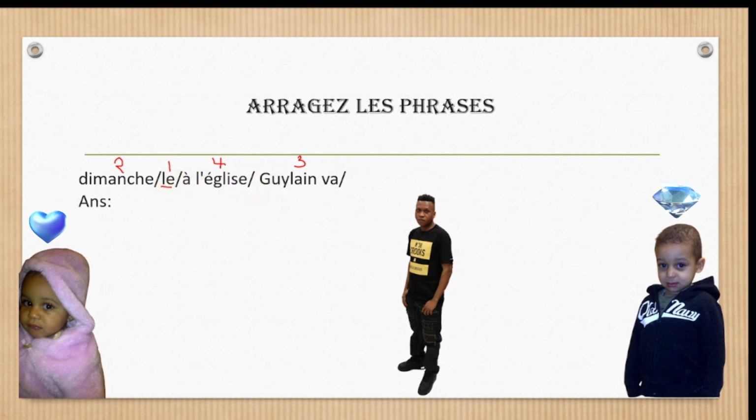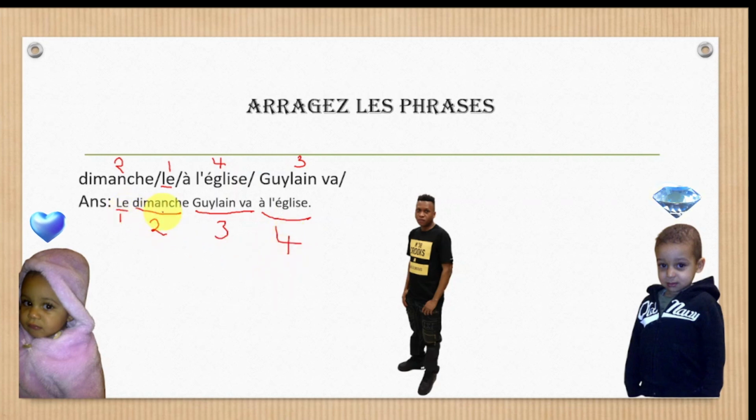So we're gonna write it, okay? So you see, le dimanche, Gulin va à l'église. Le one, dimanche, tout Gulin va à l'église. 4.